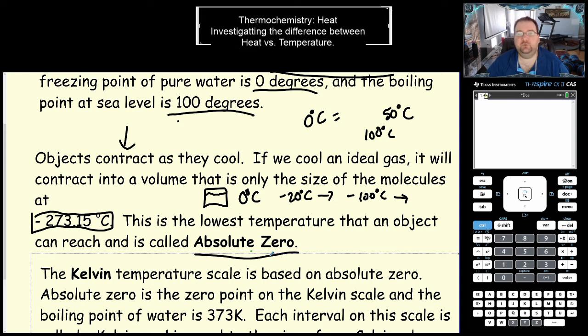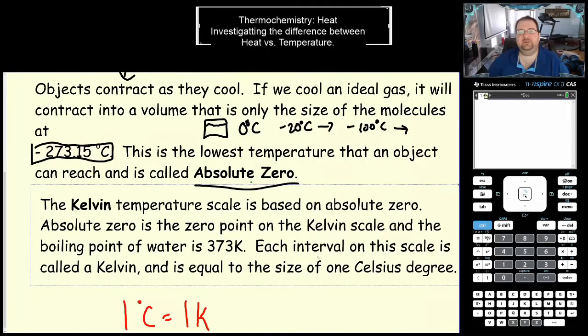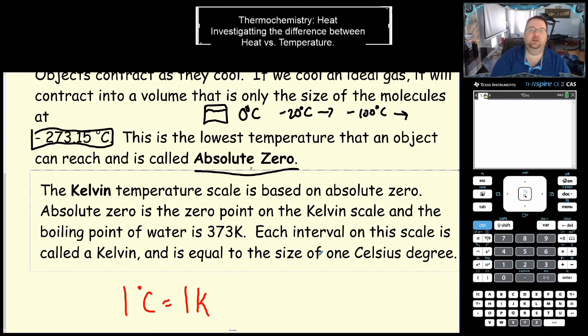It's absolute zero. And this is going to lead us into the next temperature scale, the Kelvin temperature scale. This is the temperature scale that scientists like to use. It's based off absolute zero, which means it's a really good measurement of heat.